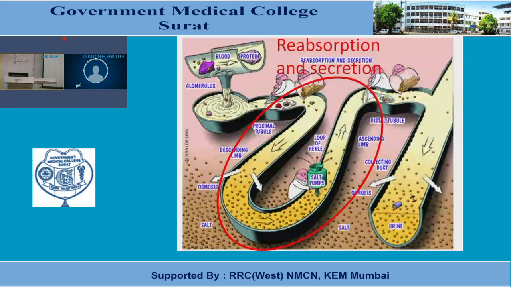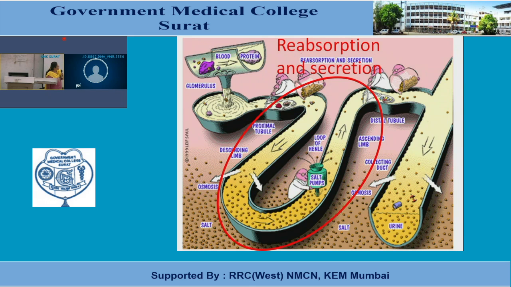They are pumped from the thin segments. Then you have the loop of Henle, that is the ascending limb. Here again the solutes come out. Then you have the distal tubule, with certain water channels which are activated by ADH. And then there is the cortical collecting duct and the medullary collecting duct.